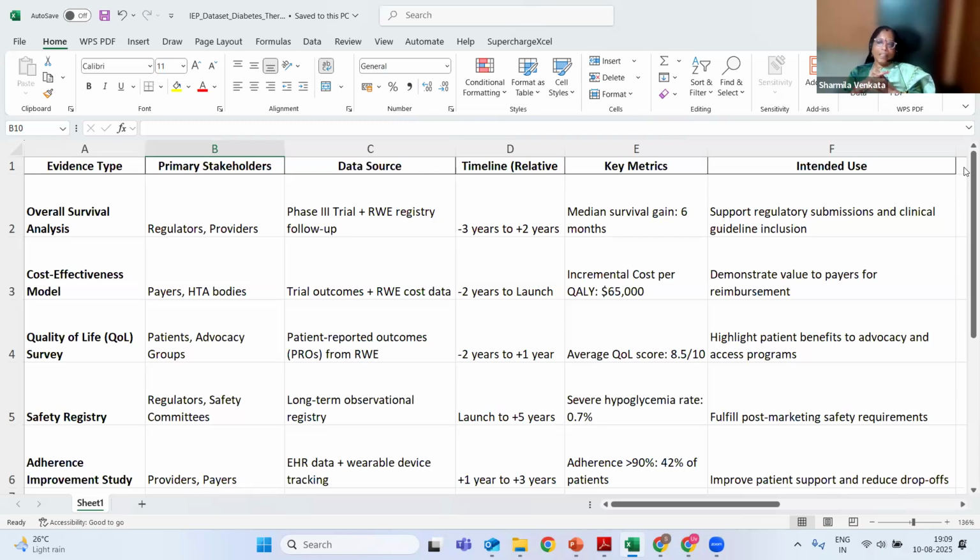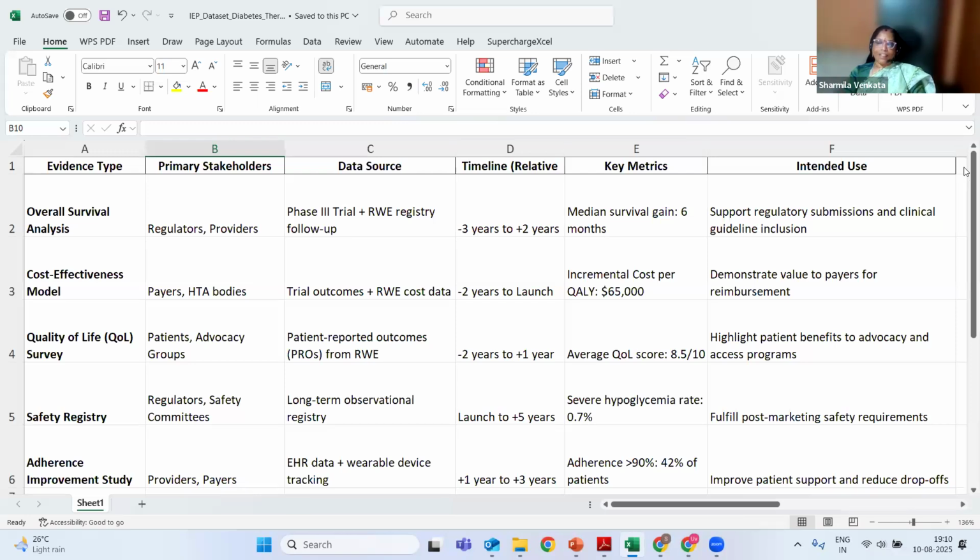The key metric is an average quality score of 8.5 per 10, and the intended use is to highlight patient benefits to advocacy and access programs.